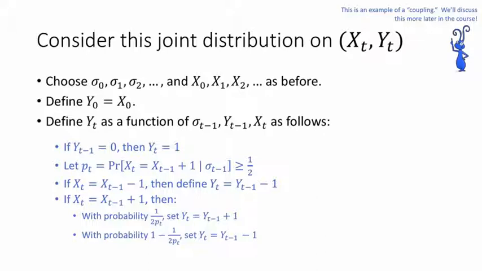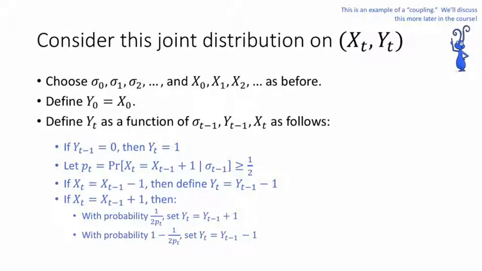Now we're going to define the behavior of y sub t. If x sub t happens to be equal to x sub t minus 1, then we're just going to define y sub t accordingly. So y sub t is going to be equal to y sub t minus 1 minus 1. On the other hand, if x sub t is equal to x sub t minus 1 plus 1, then we're going to employ some further randomness.